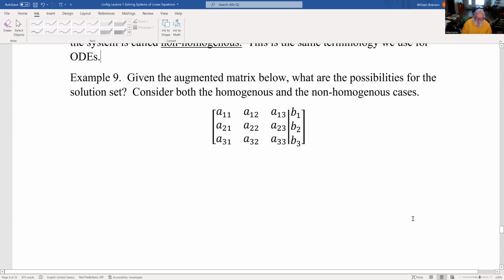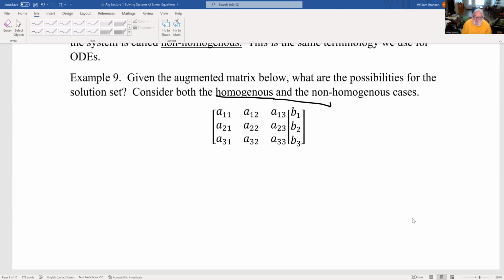So homogeneous means that here, B1, B2, B3 are all 0. And a column vector that's all zeros is the 0 vector.